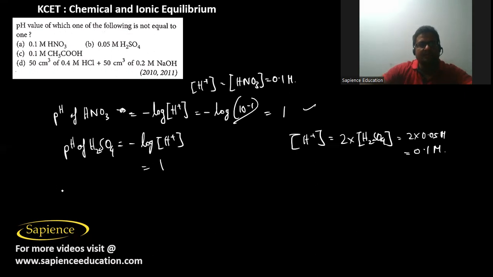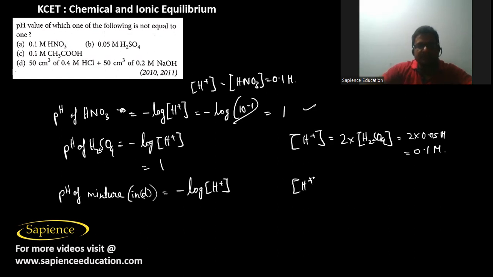And similarly, pH of the mixture in part D will be equal to minus log of concentration of H plus.